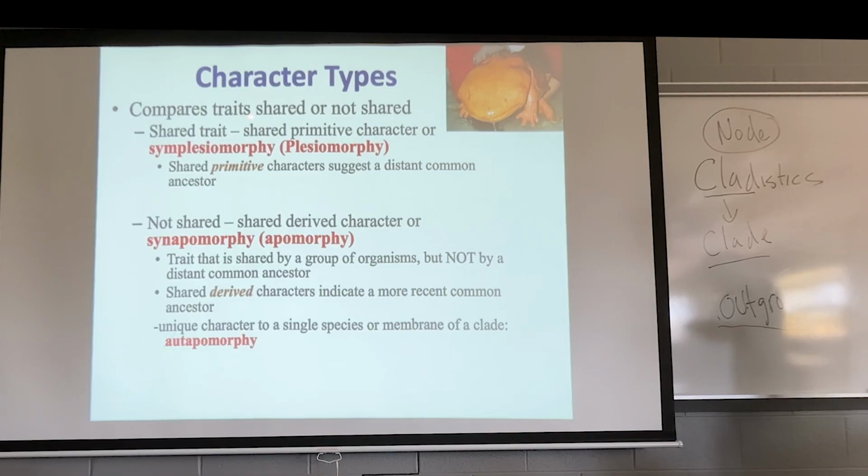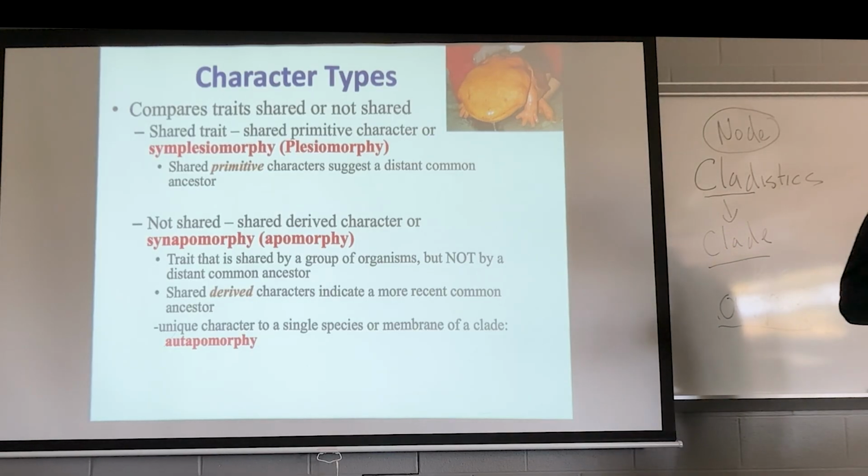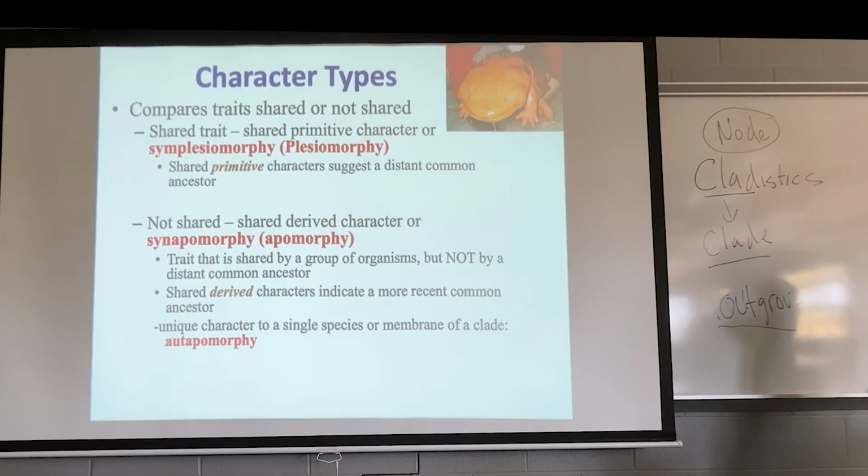So there are kind of two major types of traits. Both are important, but one is more important than the other in separating groups. All right, and these are called plesiomorphies and apomorphies. All right, a plesiomorphy. Plesio means old school, right, or ancestral. Morphe means character.